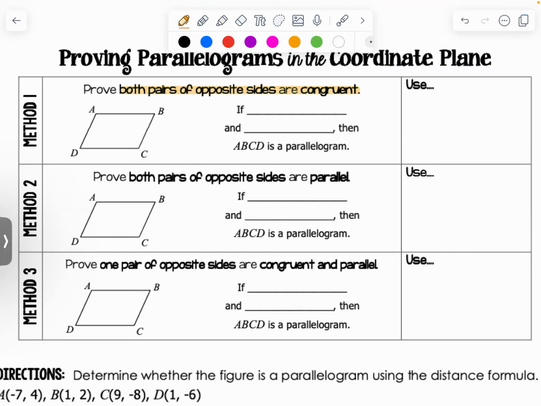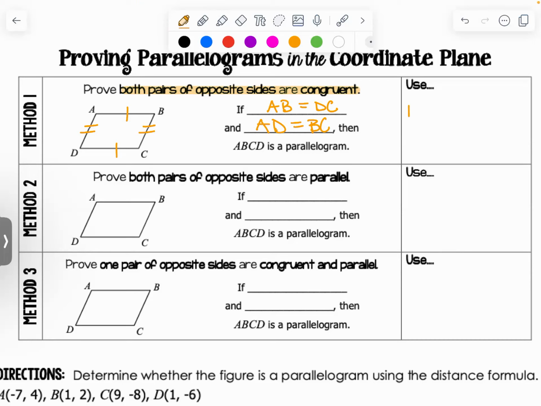So that would mean I need to show that in this picture, AB equals DC and AD equals BC. Now, if we're going to show segments congruent in the coordinate plane, what are we going to get to use?